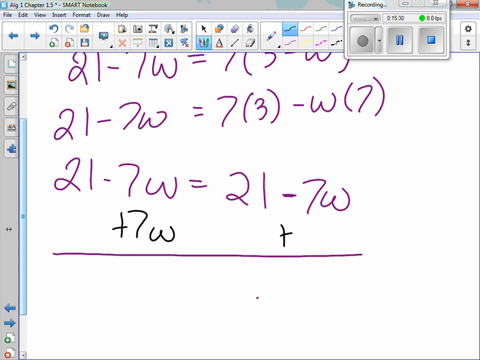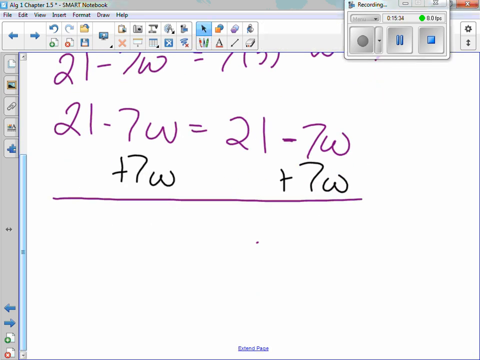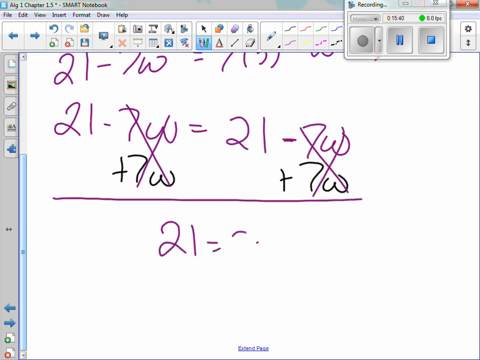So we can add 7w to both sides. And what that'll give us, well, these cancel. These cancel. So 21 equals 21. It works.